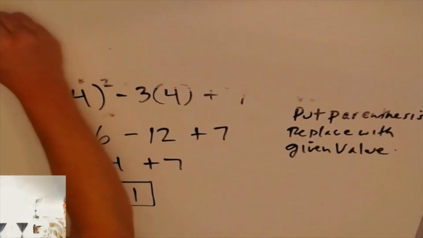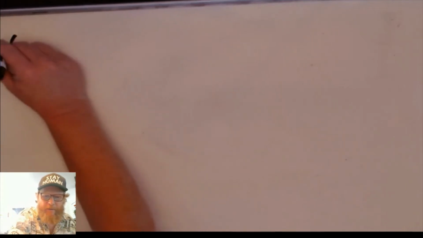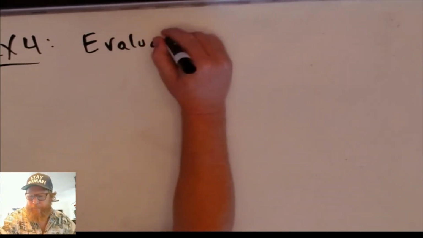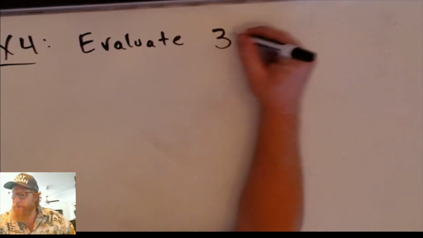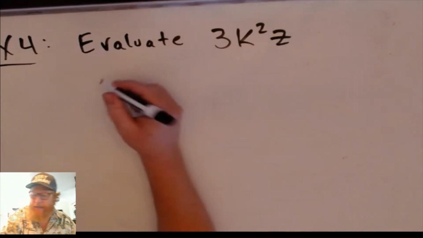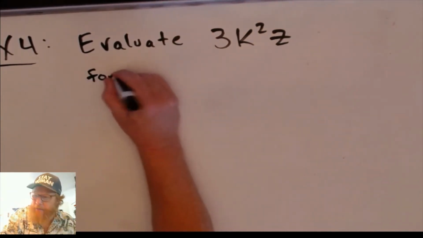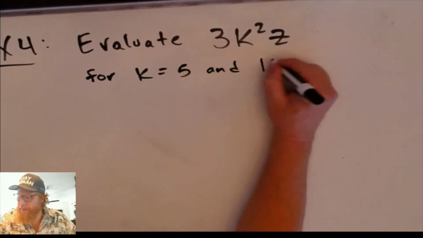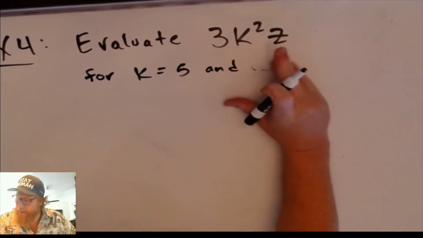Example 4. Okay, so example 4 is another evaluating. This time we'll do 3k squared z for k equals 5 and z equals 9.